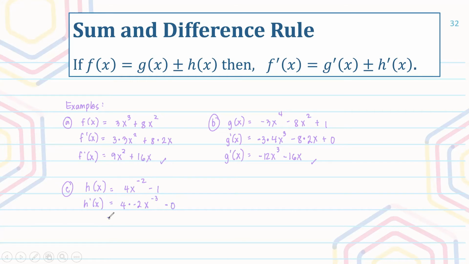So what we have left is 4 times negative 2, that's negative 8x raised to negative 3. Now we can rewrite our expression. Rewriting, we have negative 8 over x cubed. This is an application of the laws of exponents. So this is now our derivative.